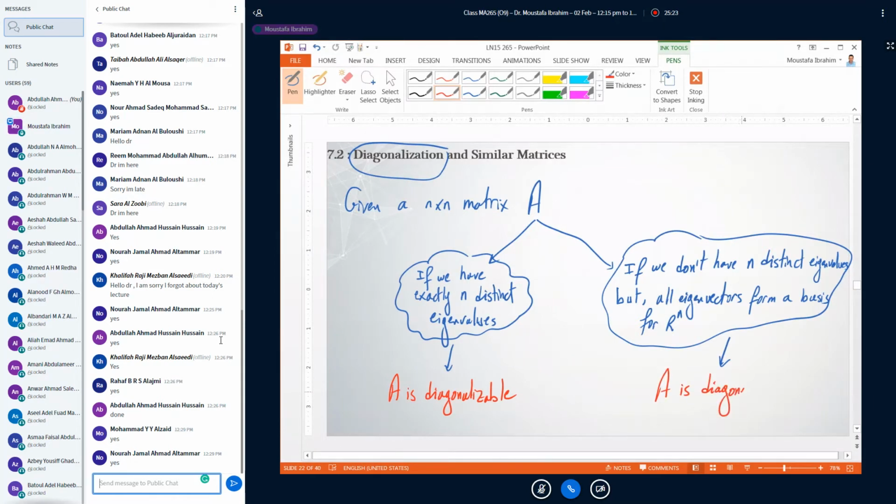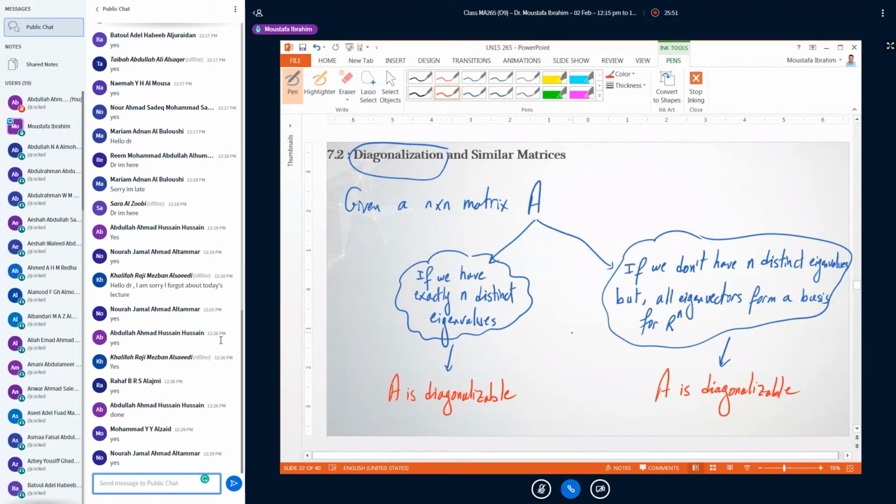So guys, look, we have 2 cases. If we have exactly n eigenvalues which are all distinct, immediately A is diagonalizable. We finish in two steps: we find eigenvalues, and we deduce this. Now, if we don't have n distinct eigenvalues, it doesn't mean it's not diagonalizable.